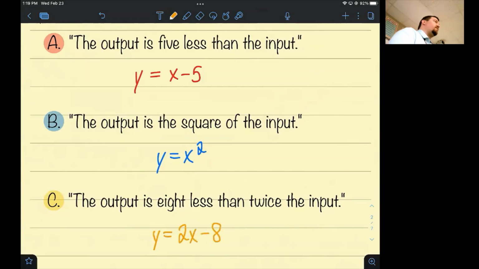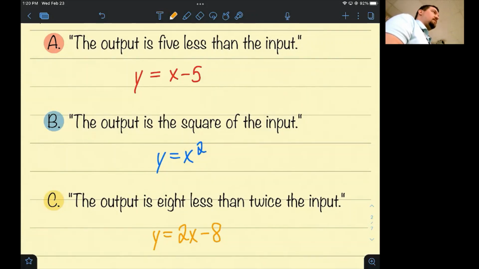What if I told you that one of those was not linear? They're all functions. Which one would you say is the non-linear one? Xander? Y equals x squared. Yes. If I'm squaring my exponent, it is not going to be linear. And we'll look at that in just a moment, and I'll show you why. We talked about that earlier in the year.